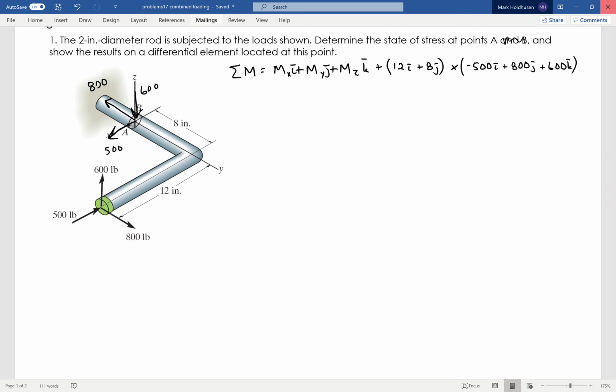Now, you can trust me on this. When I do this cross product, I get 4,800 in the I direction. These are moments. Minus 7,200 in the J direction. Plus 13,600 in the K direction.